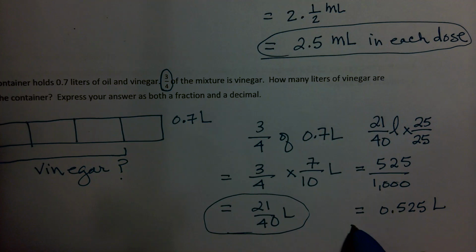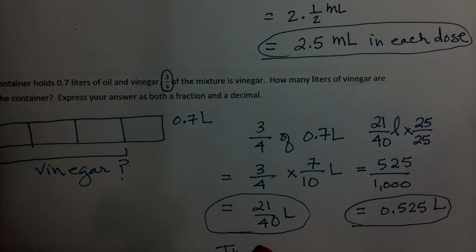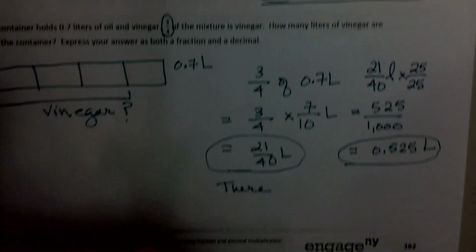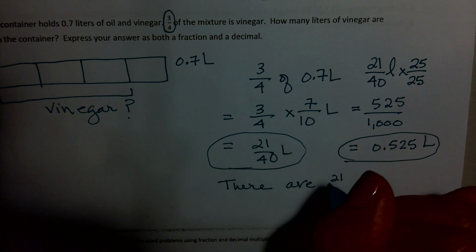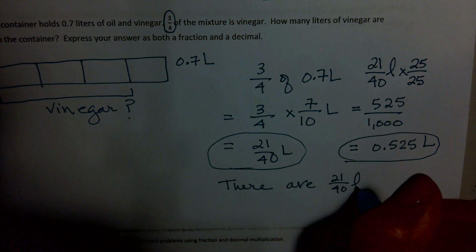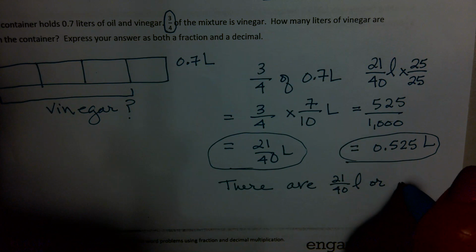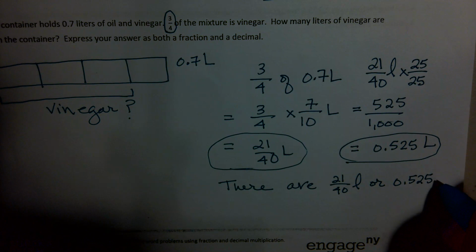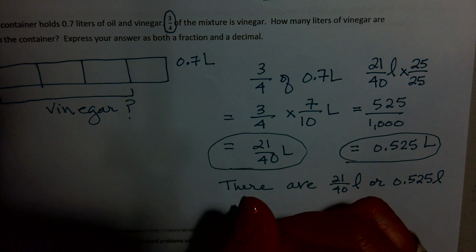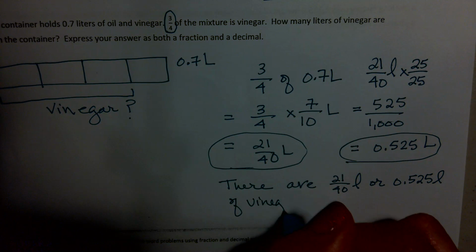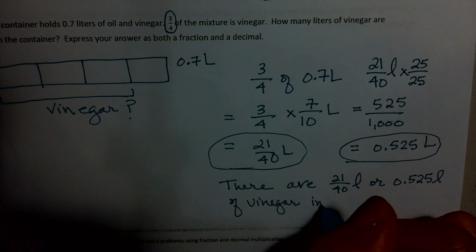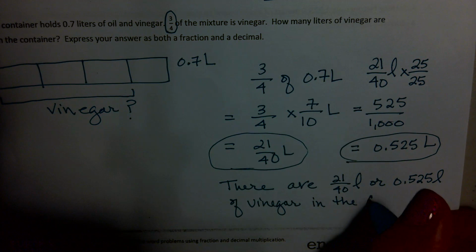So there are 21/40 of a liter, or 0.525 of a liter of vinegar in the container.